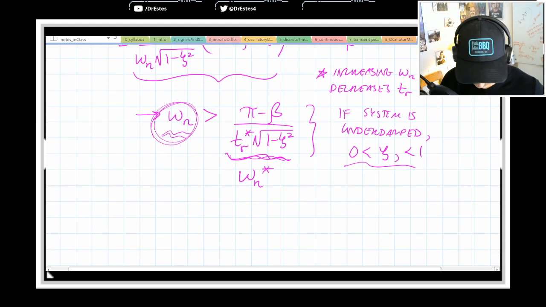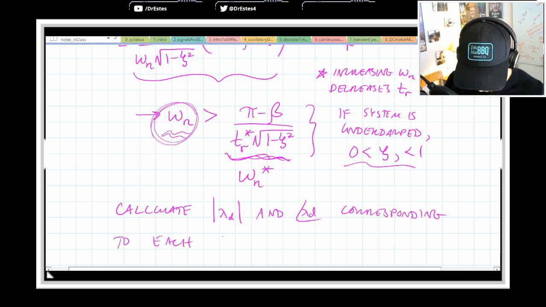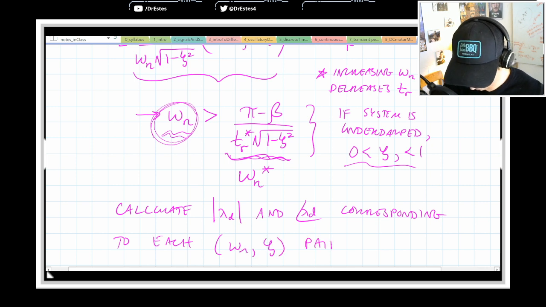So now what I want to do is calculate the magnitude and phase corresponding to each natural frequency damping ratio pair.